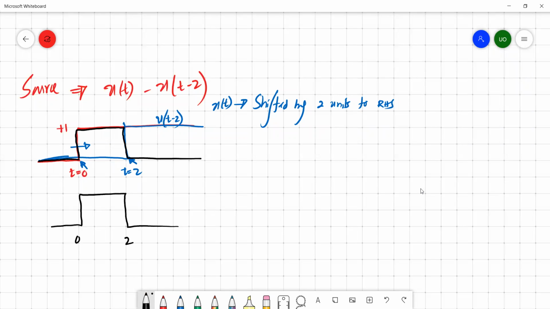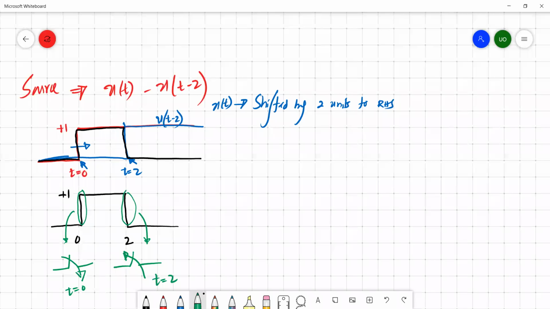Here 0, here 2, the value is 1. Then you can replace the switch like this. At t equals 0, you have this kind of operation. At t equals 2, you have this kind of operation. Then each and every edge of this can be replaced using unit step switches.